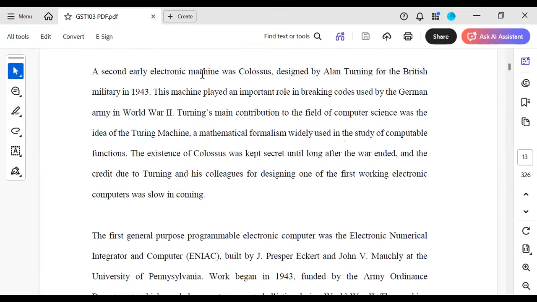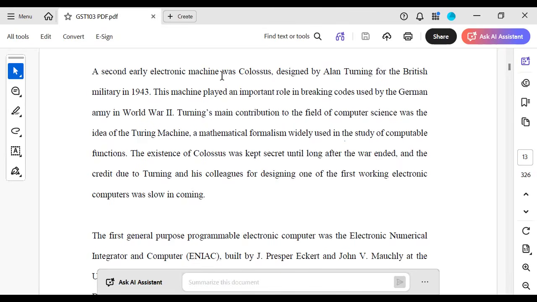Another person tried to come up with another electronic machine that behaved like a computer in 1943. How many years is that from Atanasoff's? How many years from 1937 to 1943? Six years.